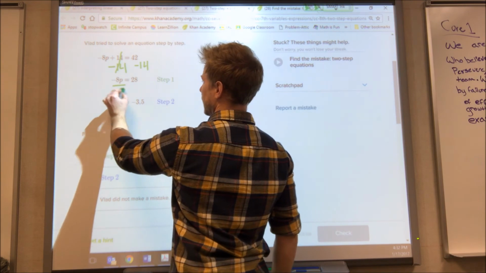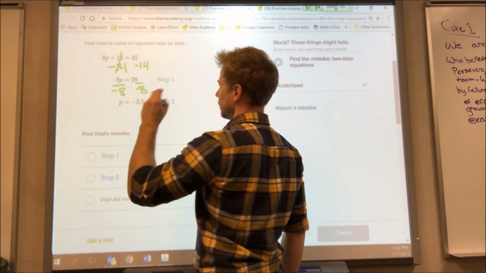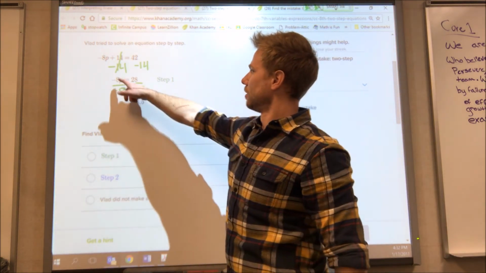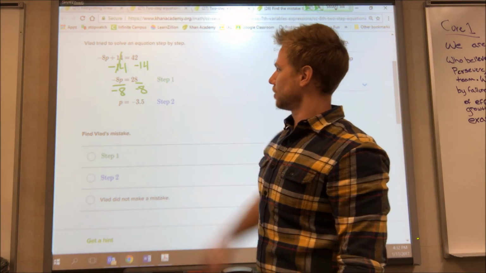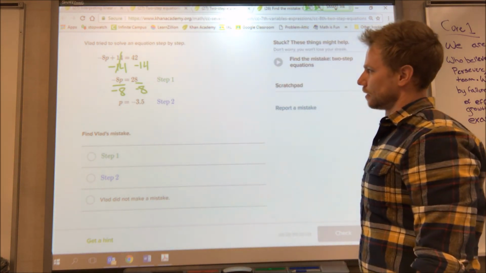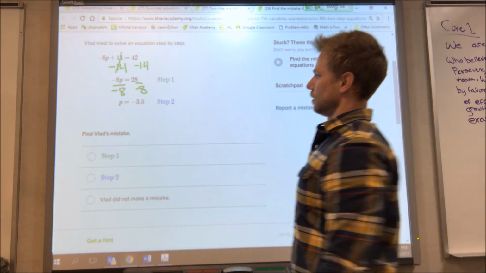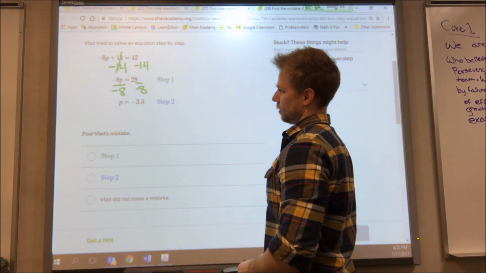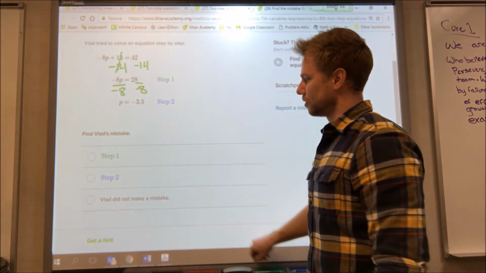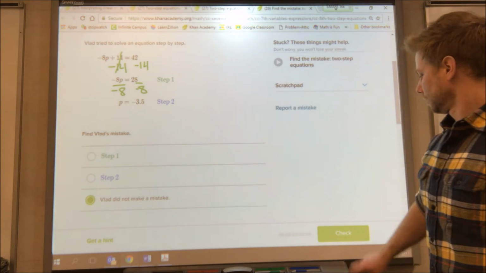Then we should divide by -8 to get p by itself. That would give us p on the left. 28 divided by 8 would be -3.5. So that turns out to be correct too. So there's no mistakes.